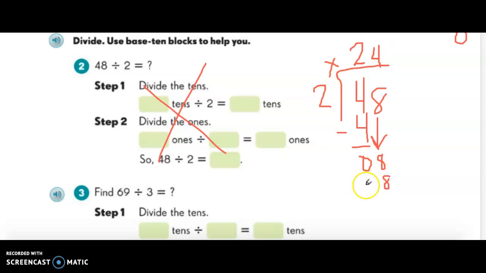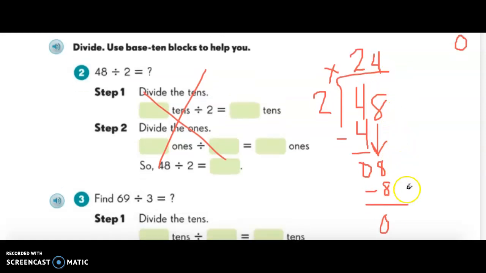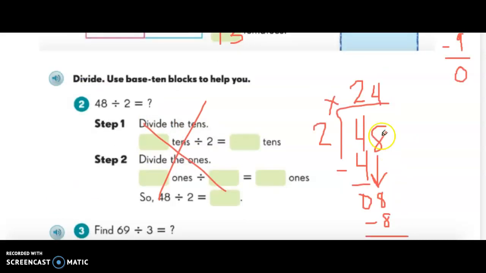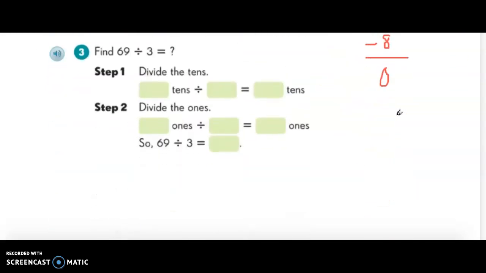Then we are on sell for subtract. 8 minus 8 gives us 0. We are on cheese, check. It is lower, so we are good to go. And then burgers is bring down. There's nothing left to bring down, which tells us we are at our final answer. Our remainder is 0. And our quotient, which is the answer to this division problem, is 24.